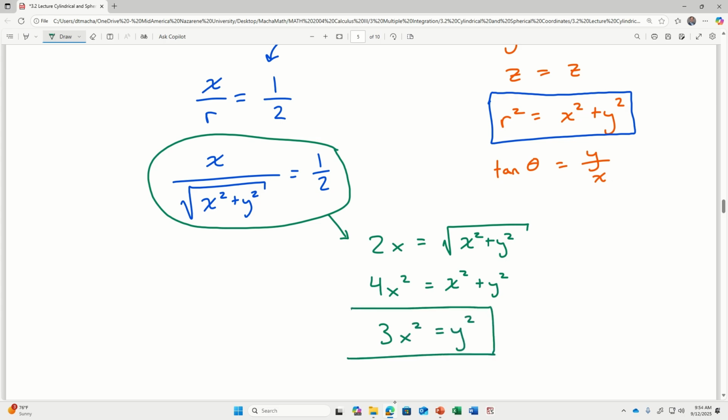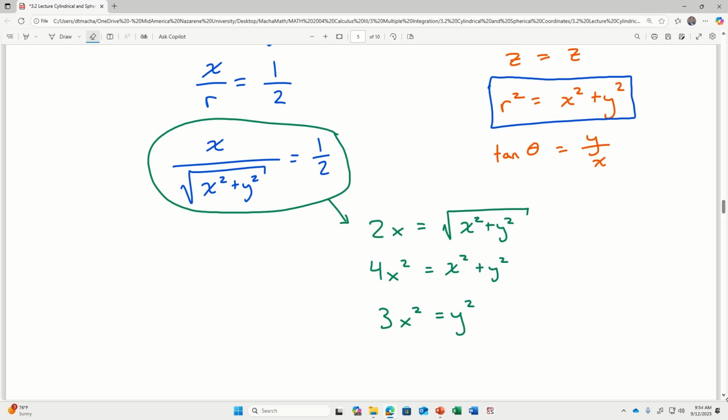And that looks nicer, in my own opinion. In fact, we don't even have to stop there. We could, even further, take the square root of both sides, and we would get square root of 3x equals y.